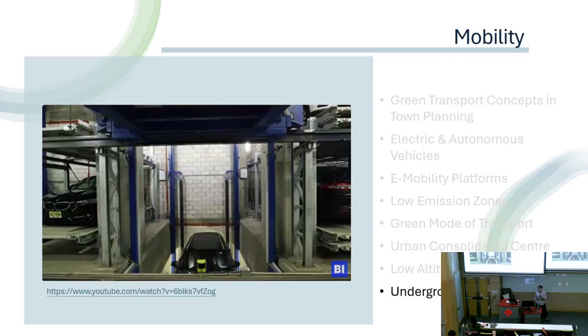These underground car parks are trying to move on-road parking elsewhere. We can build underground car parks easily, but with a manual underground car park you need space for people to move about as well. What we're looking at is how to automate this action.